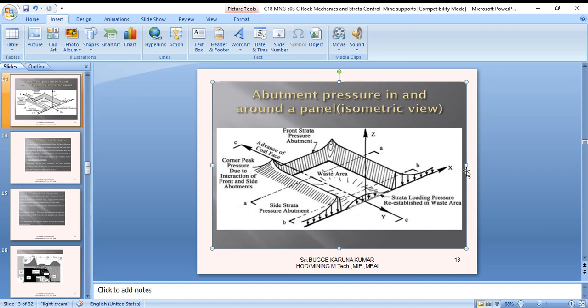Wasted area, side strata pressure abutment, front strata pressure abutment, advance of coal faces, strata loading pressure, re-establishment in the waste area, corner crack pressure due to the interaction of the front and side abutments. So this is our overall view of the front abutment pressure in and around the panel.